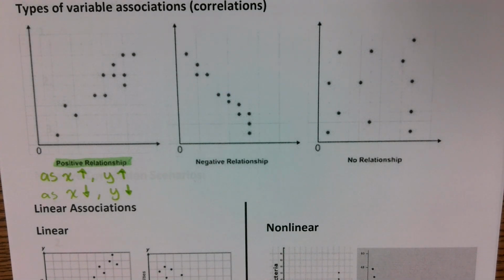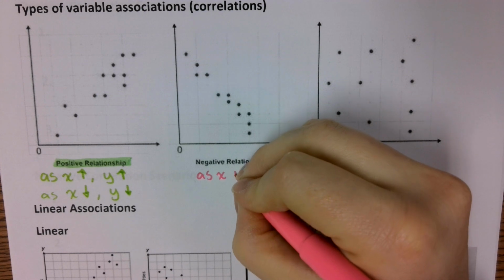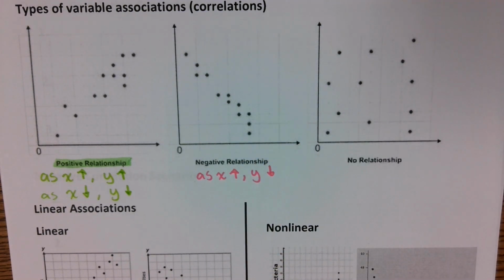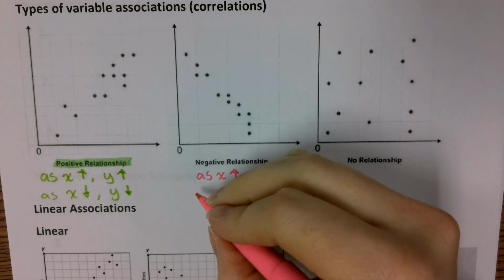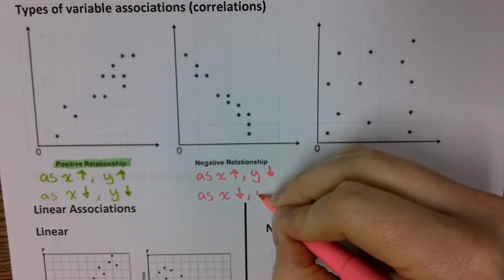Okay, then we've got negative associations. With negative associations or correlations or relationships, as your X is going up, your Y is going down. So what this means is that your variables have opposite effects on each other. One increases, the other has to decrease. So as X decreases, Y would increase.